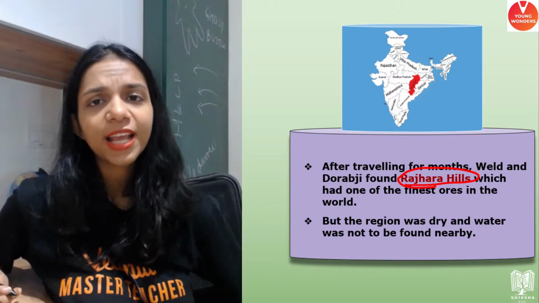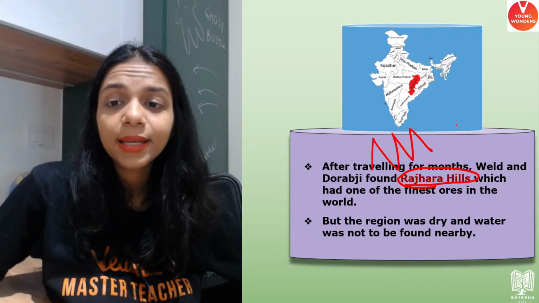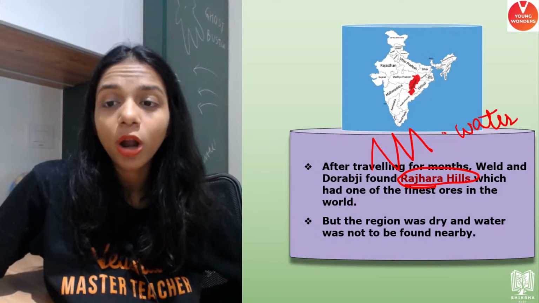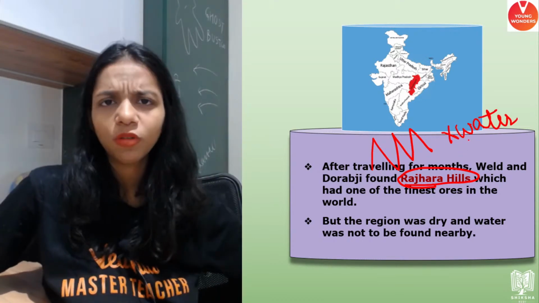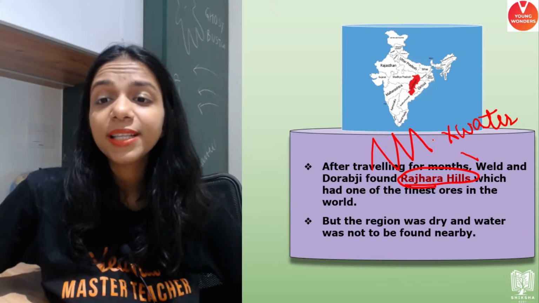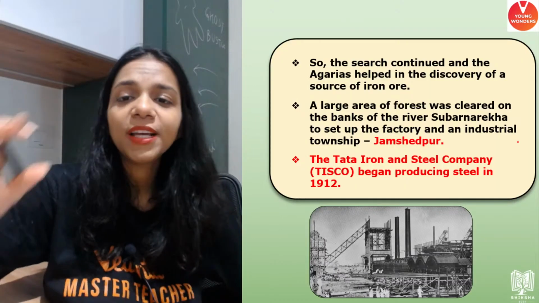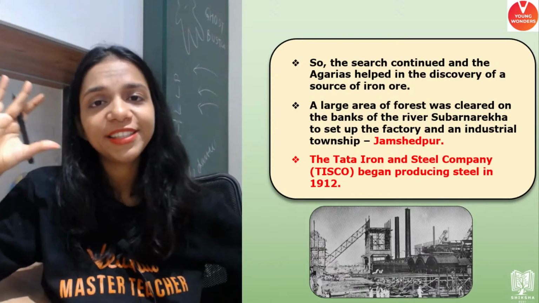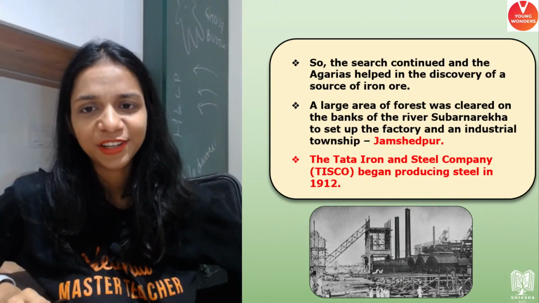They had good quality iron. The reason is that even though the hill had good quality iron, it did not have water, which is required to make iron. Any industry requires a lot of water, right? And this entire area was very, very dry. Because of which they could not set up their iron and steel industry here.